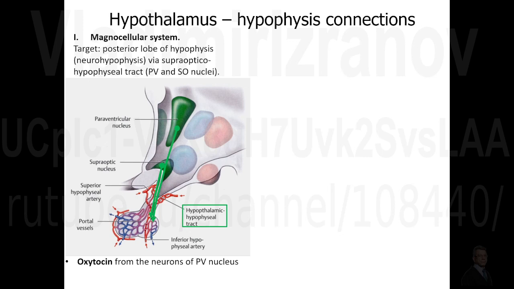The axons from both nuclei pass through pituitary stalk to the posterior lobe of the pituitary gland. The peptide hormones are accumulated in special vesicles aggregated into Herring bodies in the axons of neurosecretory neurons and are carried to the posterior hypophyseal lobe by means of axoplasmic transport.